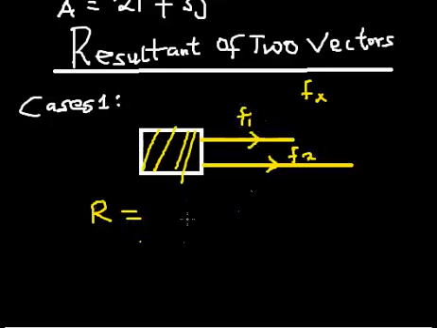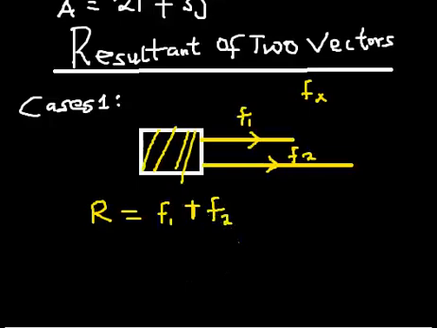So if I need to get the resultant, it is the resulting vector when I add these up. The resultant is going to be F1 plus F2.